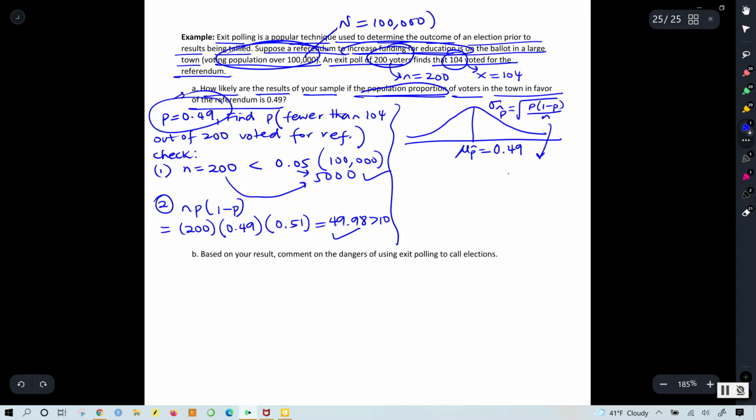This would be equal to the square root of 0.49 times 0.51 divided by 200, which equals 0.035348. Now, with the two parameters that we have, the mean and the standard error, we're going to take that to StatCrunch.